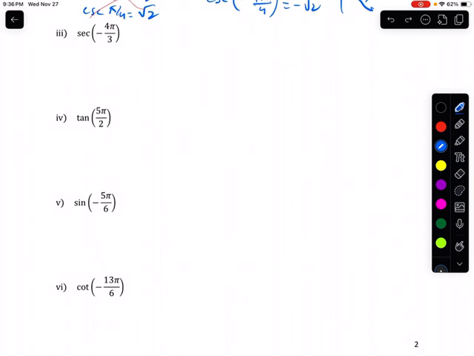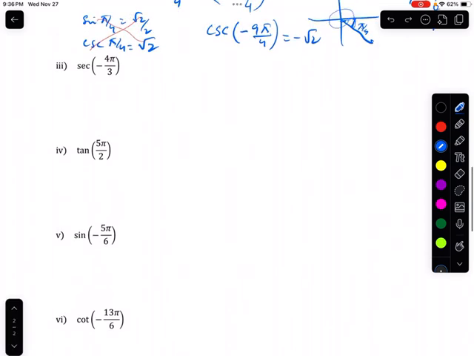So the third one is negative 4 pi over 3. The angle is negative 4 pi over 3, so we go in the clockwise direction. We get pi over 3, 2 pi over 3, 3 pi over 3, 4 pi over 3. It will be an angle which is pi over 3. This angle is pi over 3, the reference angle.